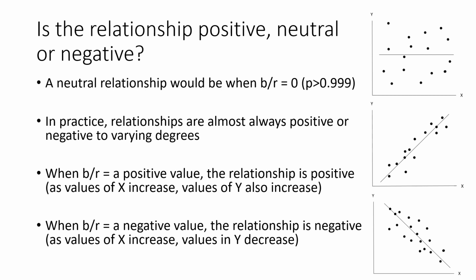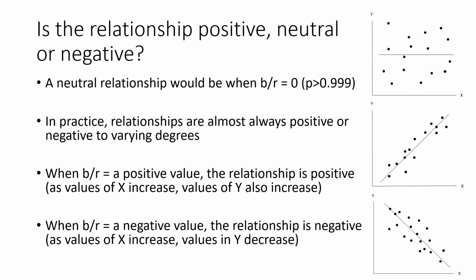Okay, so the next question, beyond is there a relationship that's generalizable, is whether the relationship that we found between X and Y is a positive relationship, a negative relationship, or a neutral relationship. A neutral relationship is another way of saying that there's no relationship between X and Y. Now, a neutral relationship would be a case where your coefficient b in the case of simple regression, or your coefficient R in the case of Pearson's R, is roughly equal to 0.